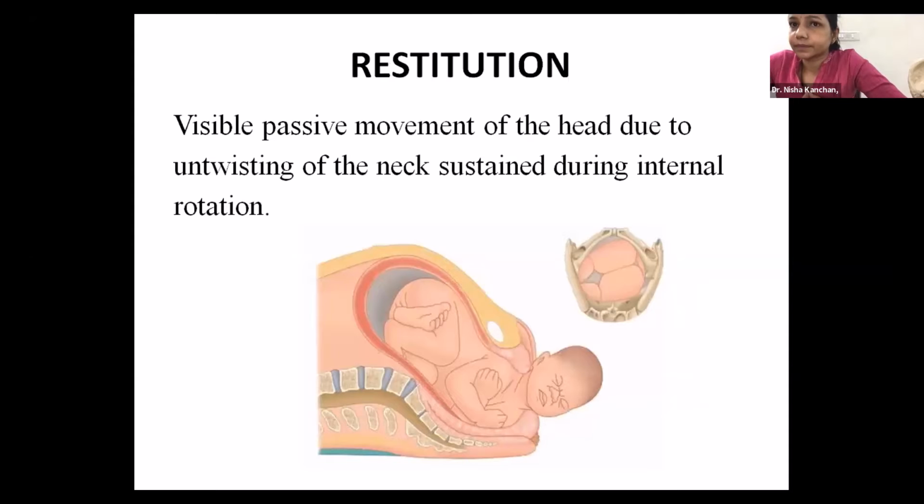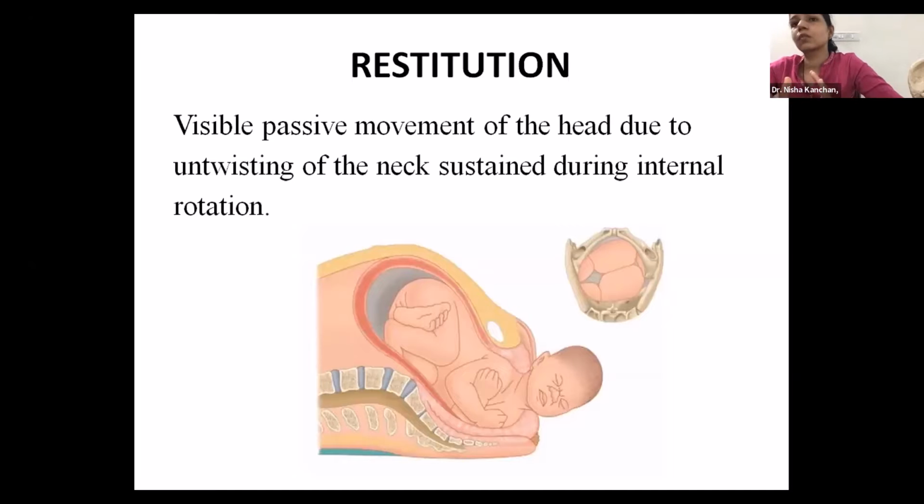Now, restitution. Restitution is a passive movement of the head due to untwisting of the neck sustained during internal rotation. So I told you that in LOA, 45 degrees, there is movement of the head and the shoulders remain stationary. So that means there is 45-degree torsion in the neck. So once the baby's head comes out and it's free, it just wants to go back to its neutral position.